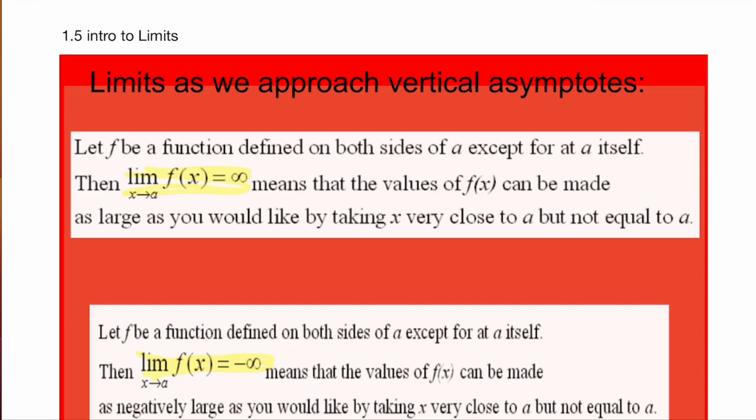Now, there's a problem if you see that we are not approaching it from the left or the right. Let's draw a little picture. This means, and I'll zoom in a little bit, at A, it didn't hit A, but both sides are going upward.